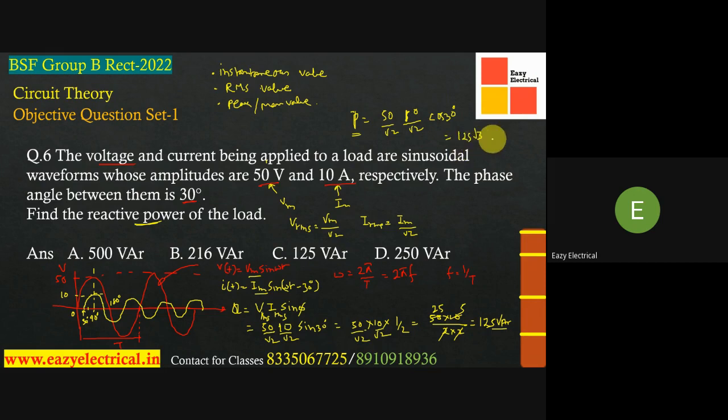So this is this. Now, if the wave shape had been given as triangular, what will be the value of the active power?